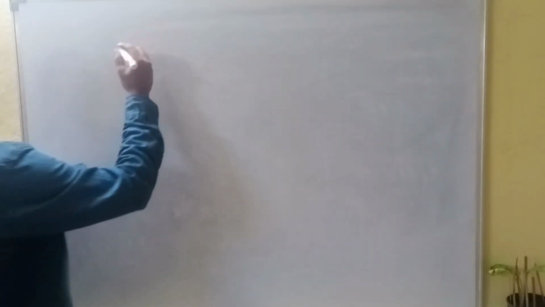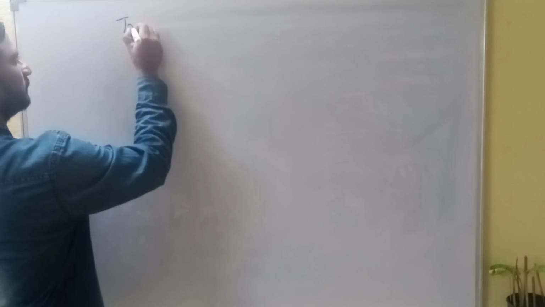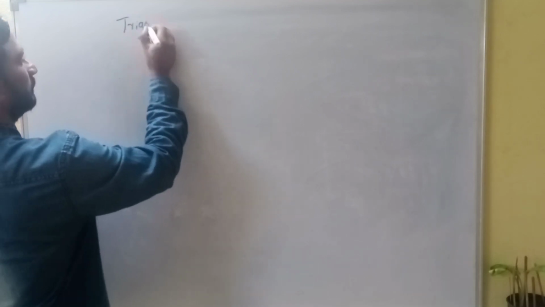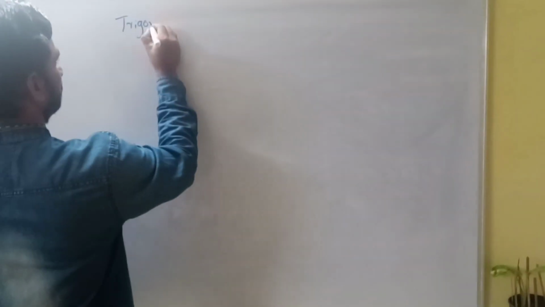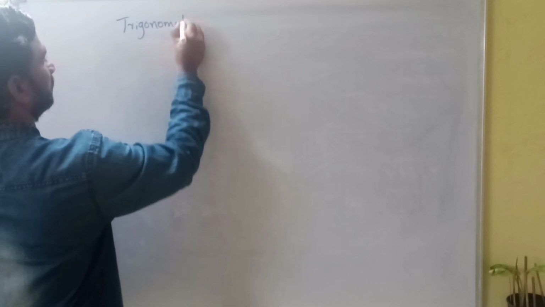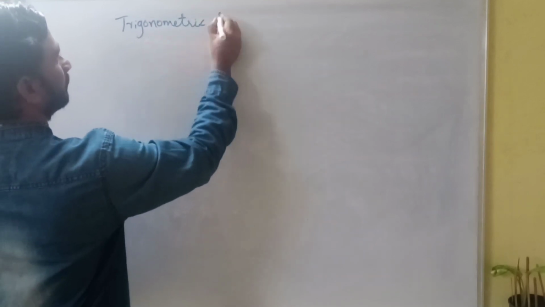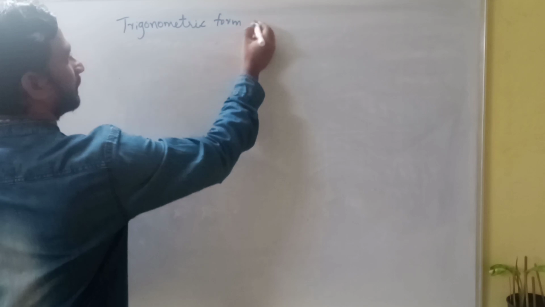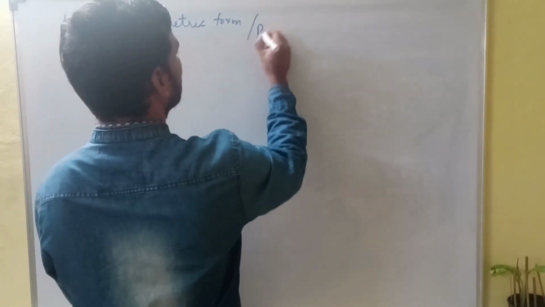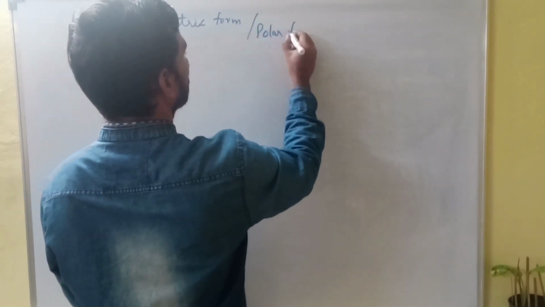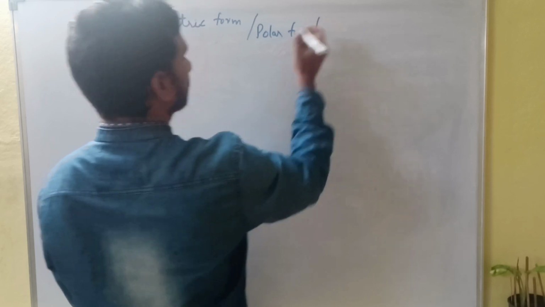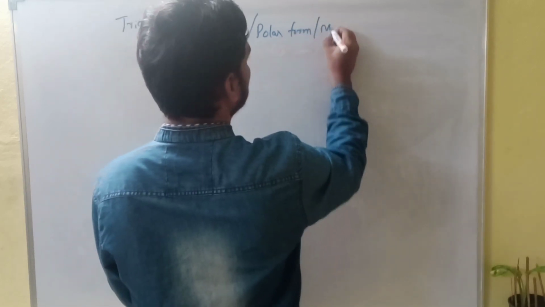Let's see the other type of forms of complex number. Those are trigonometric form, and polar form, and modulus amplitude form.